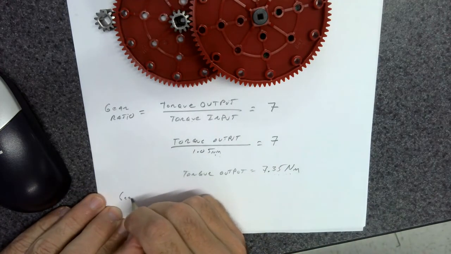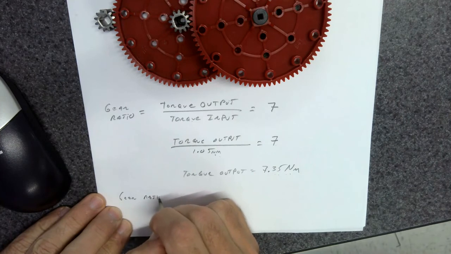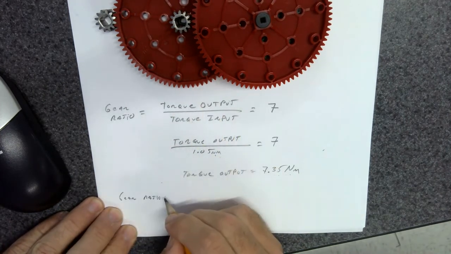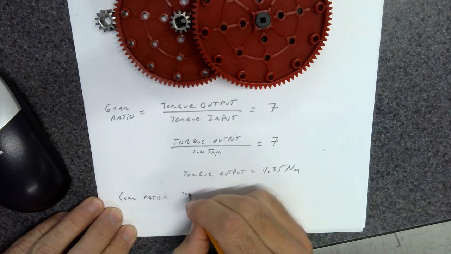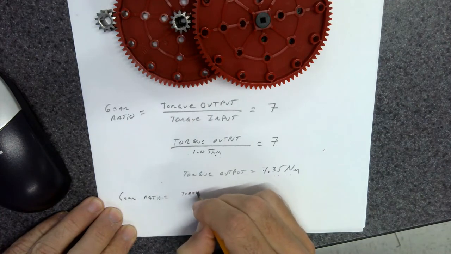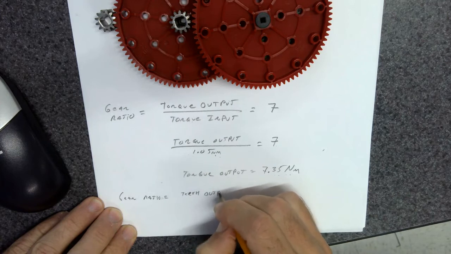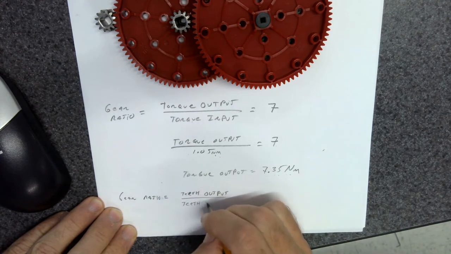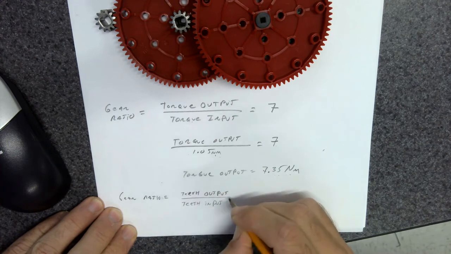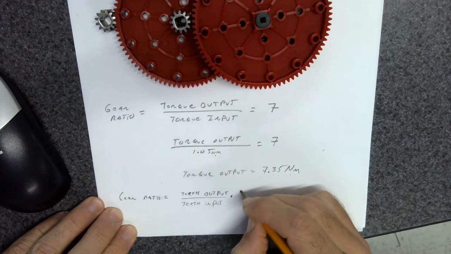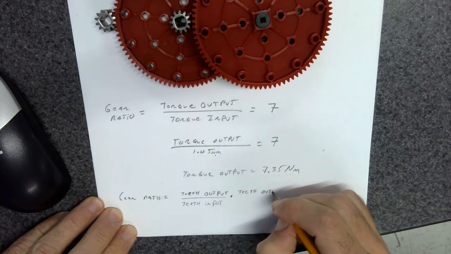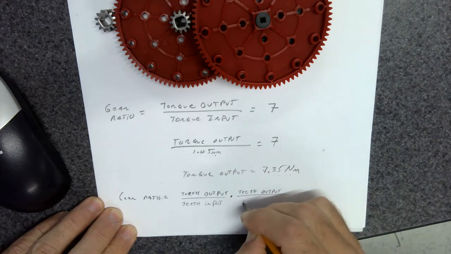If you want to think about how you would calculate it, when I'm dealing with multiple gears, it's still going to be teeth on the output over teeth on the input, but then you would just say times the next one, teeth on the output over teeth on the input.